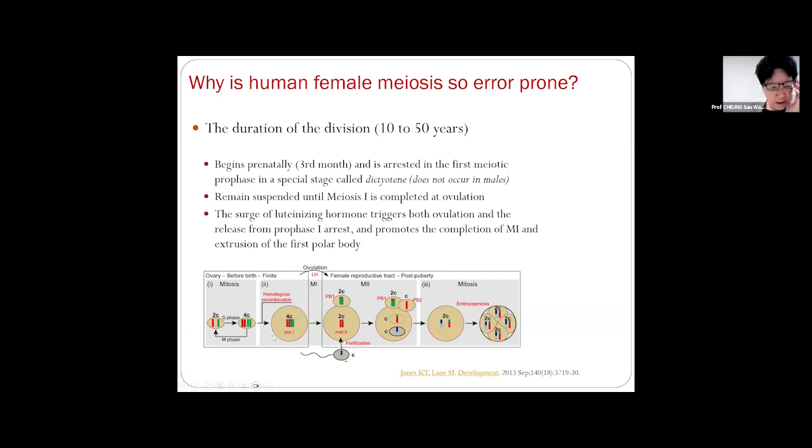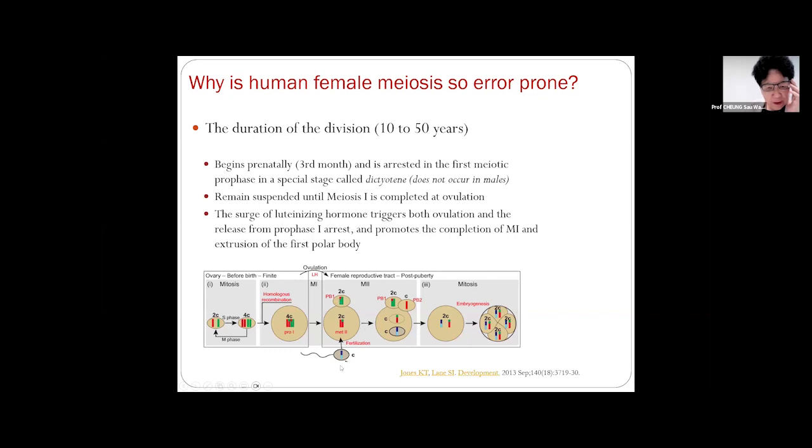So remember that the DNA is duplicated and then undergoes meiosis 1. Ovulation starts when the surge of luteinizing hormone comes, and then you enter meiosis 1. Not until fertilization, so after meiosis 1, you have an egg and the first polar body.